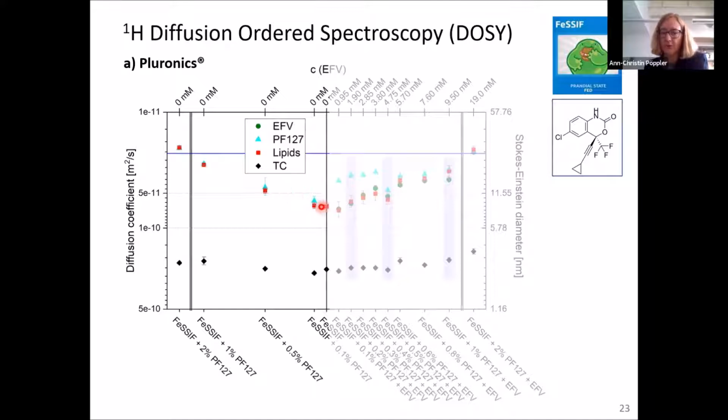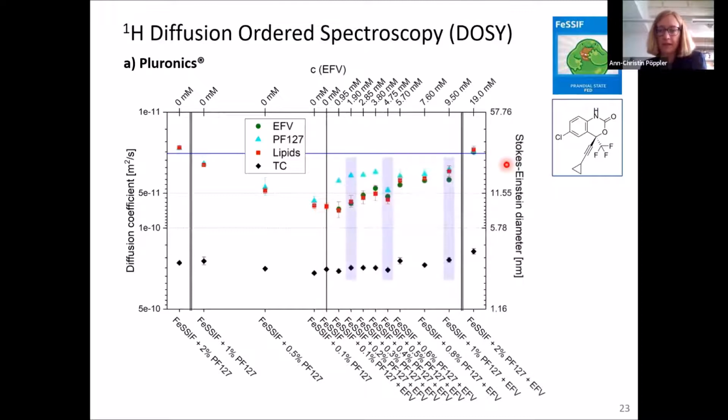So this is confirming what we had before, or already guessed before, that the commercially available polymer is interfering with our biocomponents. And now we add the green dots, which is the drug. And you can see that now everything is changing. So we still have the black in the bottom, and we have the red and the green diffusing together. So the lipids and the drug are now diffusing together, and the polymer is doing something different.